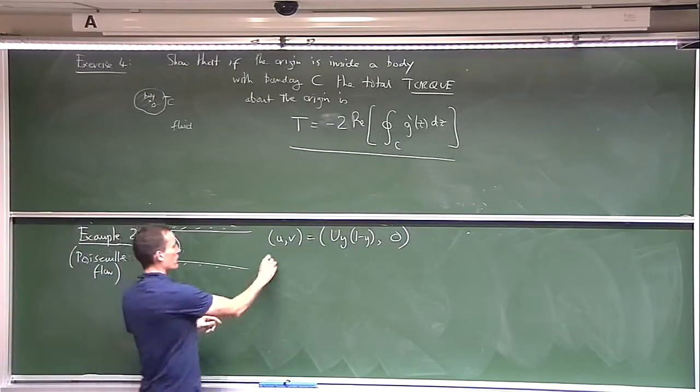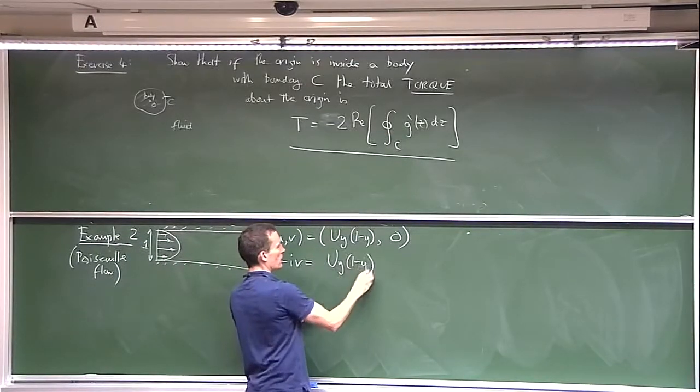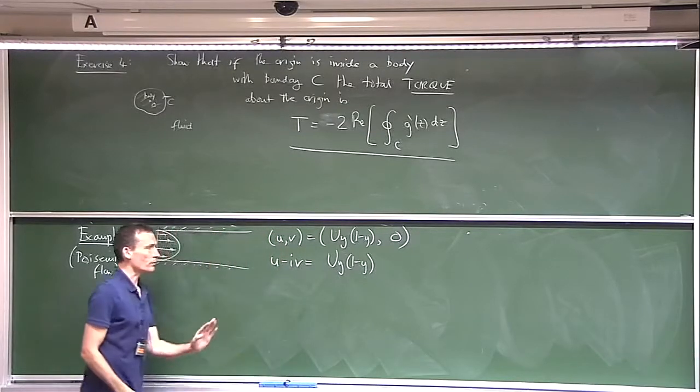So u minus iv is Uy(1 minus y). That's it. v is 0.